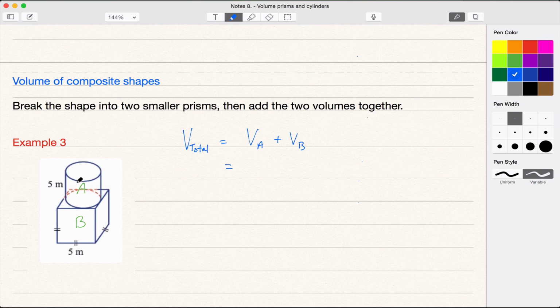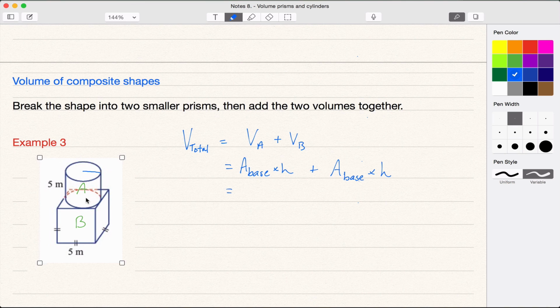Volume of A is a cylinder. So the volume formula is area of base times height. And the volume formula for this one, I'll use area of base times height. For the cylinder, the area of the base is a circle. We need to find out what this radius is.